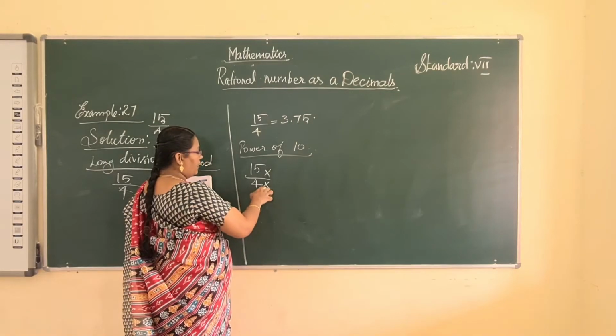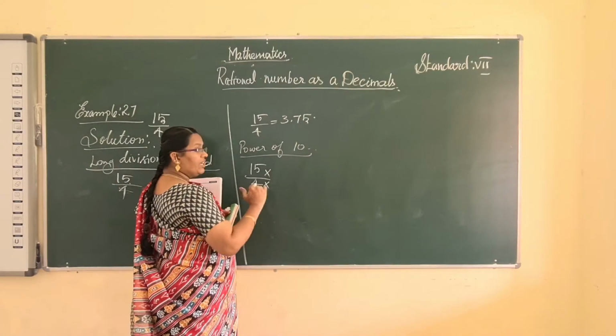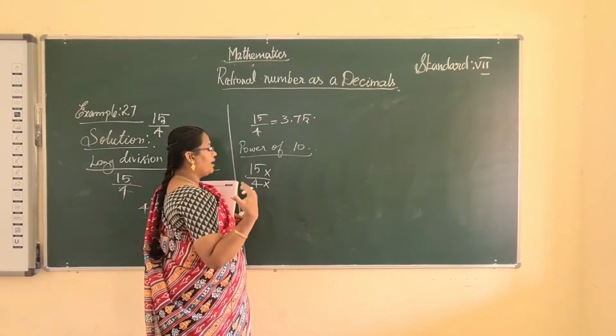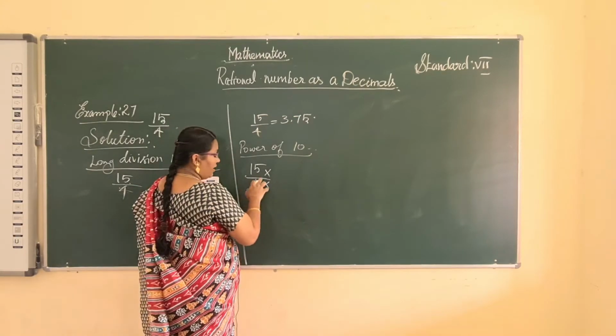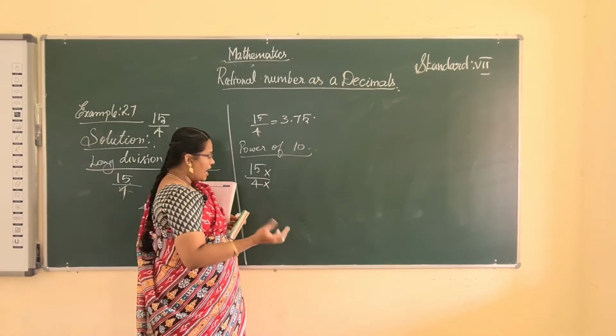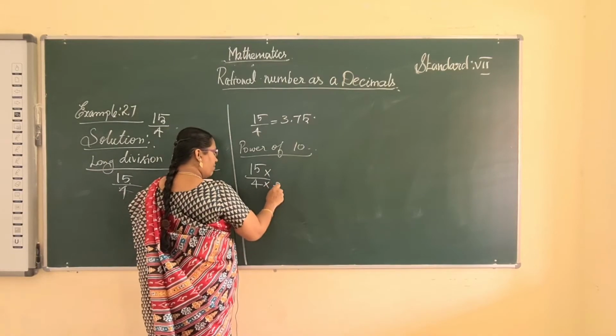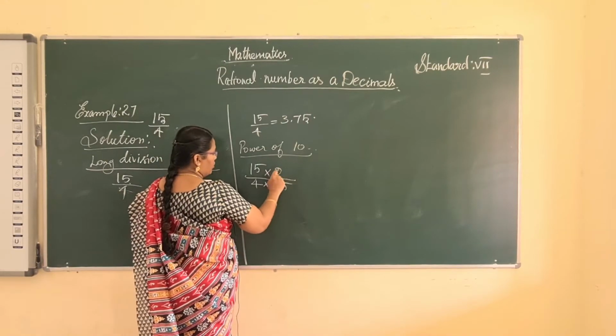Which number multiplied by 4 gives 100? 25 fours are 100. The same number we multiply to the numerator also.